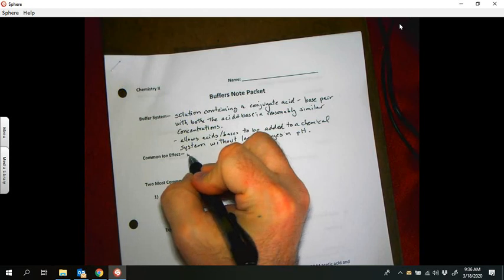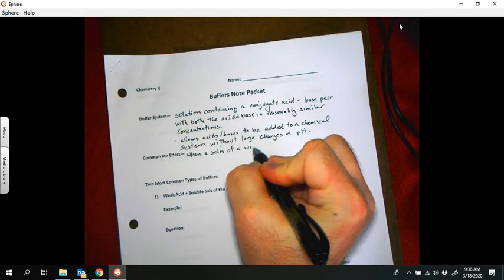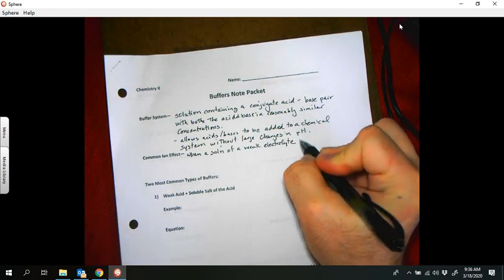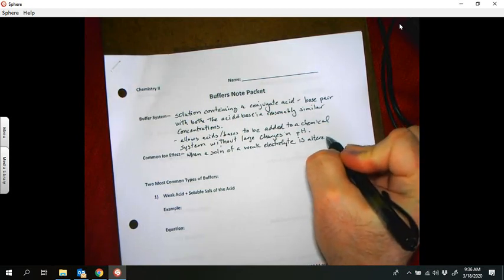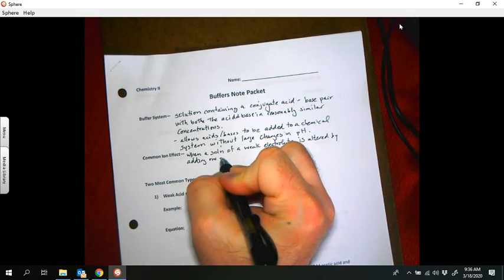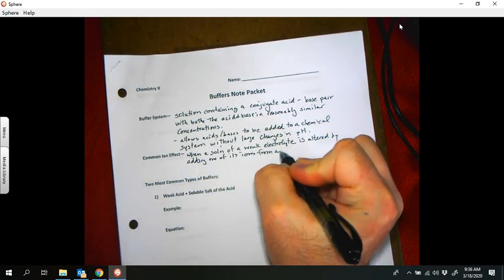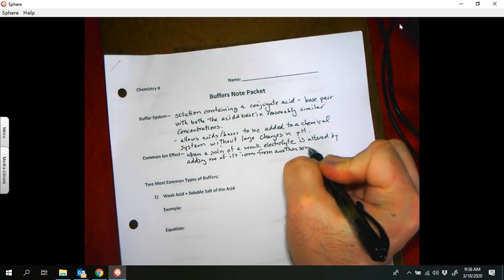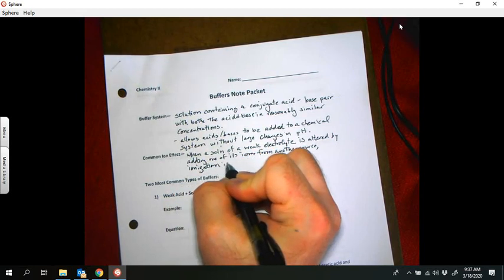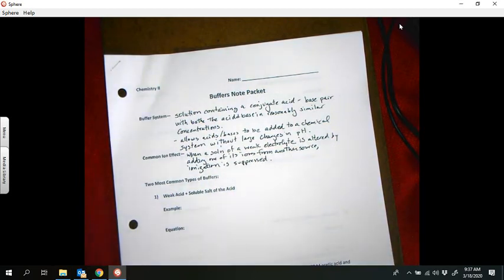So when a solution of a weak electrolyte, which would be an ion, is altered by adding one of its ions from another source, ionization is suppressed. And we'll look at this when we look at the most common types of buffers.